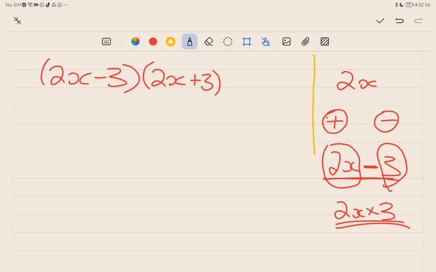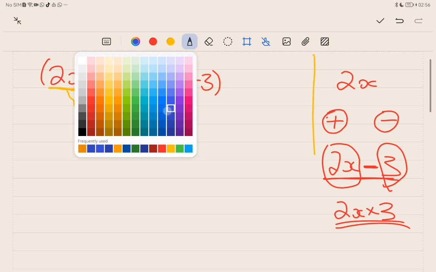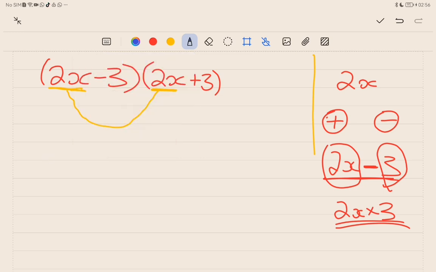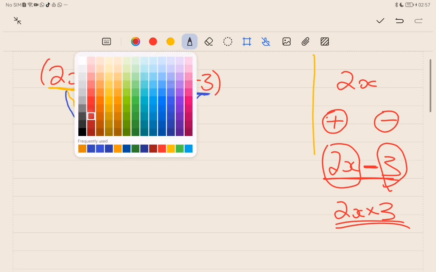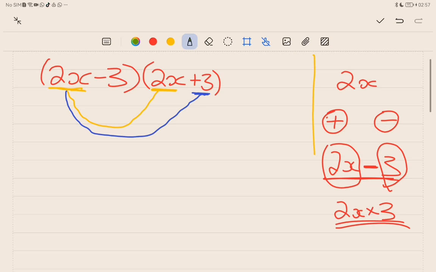In the first bracket, you look at the first term, which is 2x. Then you say 2x, you multiply it by this 2x, and say this same 2x, you multiply it by this 3 here. Then move to negative 3.